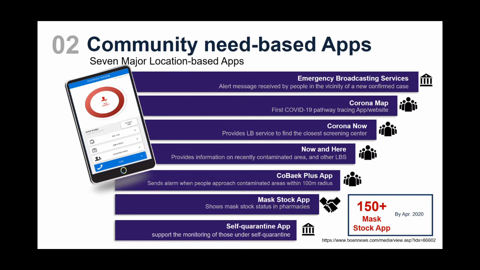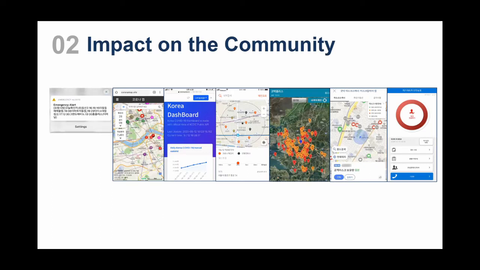I'd like to give you the reason behind such a rapid development of COVID-19 apps. First of all, as I've introduced, the emergency broadcast system was launched by the government, but then we have different community developed apps.